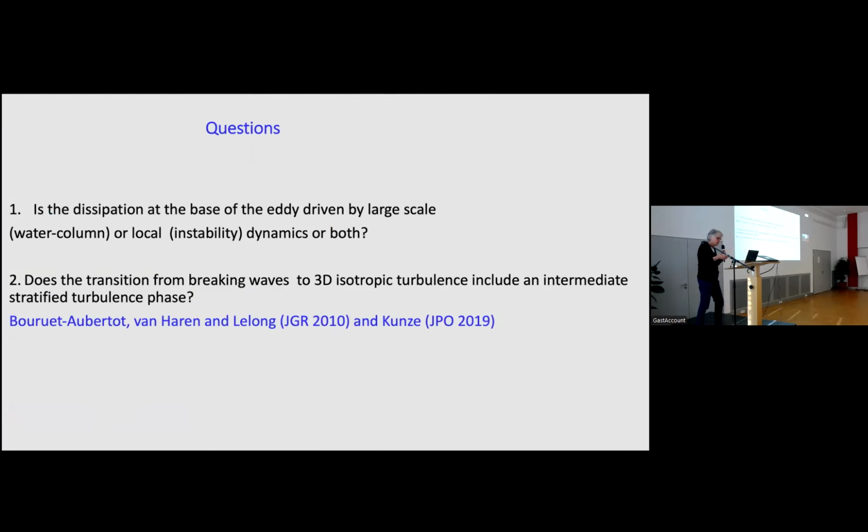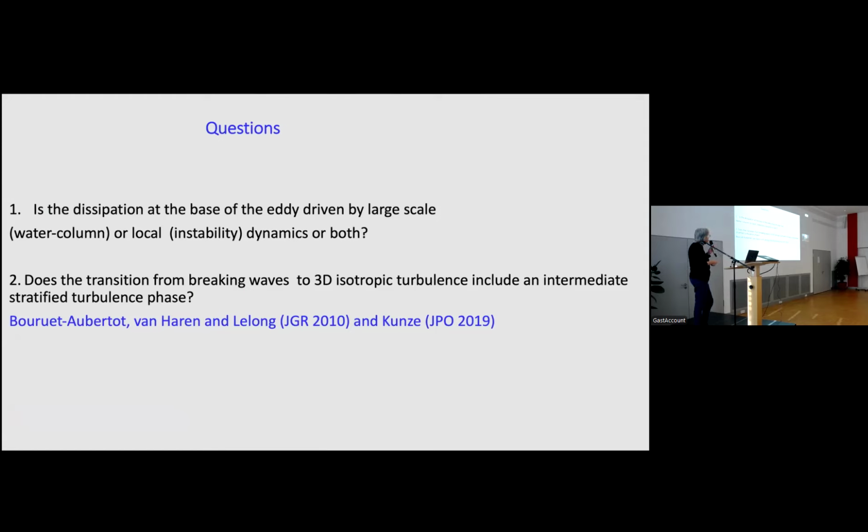And so the questions that we wanted to answer with our simulations are: is the dissipation at the base of the eddy driven by large-scale water column or local instability dynamics? More importantly, I think we know the answer, but do our nested simulations actually capture the large scale in the smaller nests?